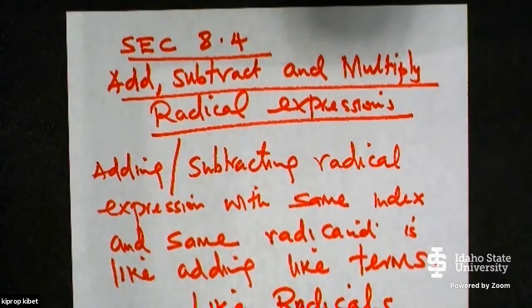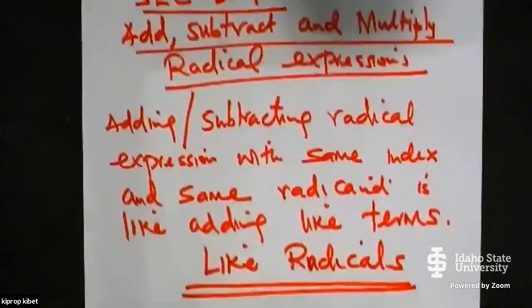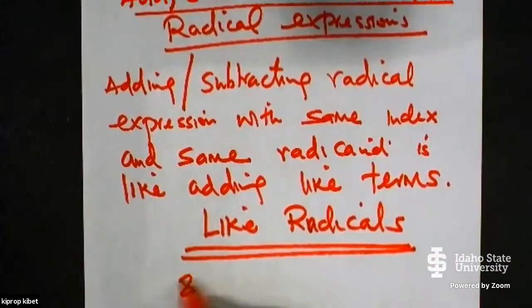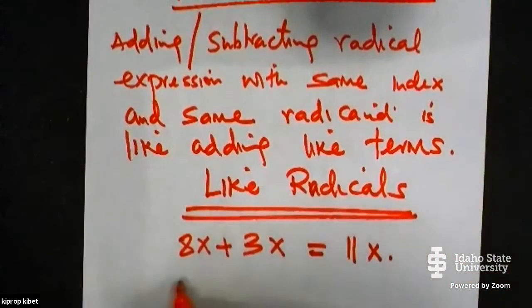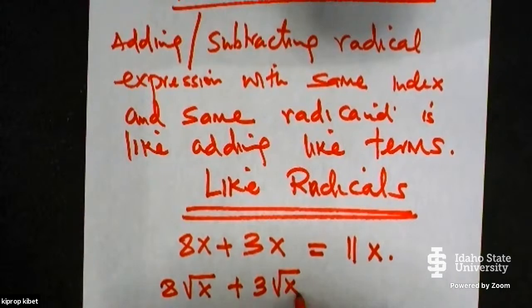For example, when you add 8x plus 3x, these are like terms, right? So 8x and 3x are like terms. So what do you get? We get 11x. Now, when we add radicals, let's say we have 8 the root of x plus 3 the root of x.